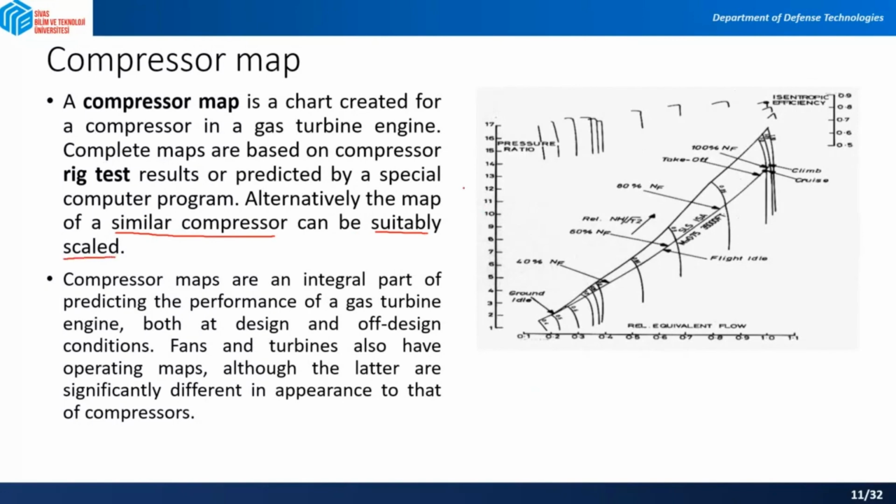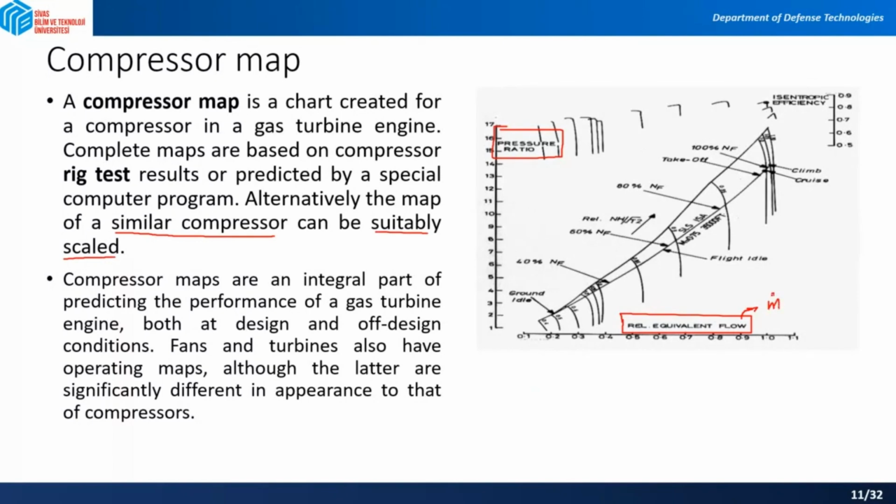So when you have a map generated for some compressor, you just express some non-dimensional values like the pressure ratio, not the pressure itself, versus relative equivalent flow. So this is actually expressing your mass flow rate.